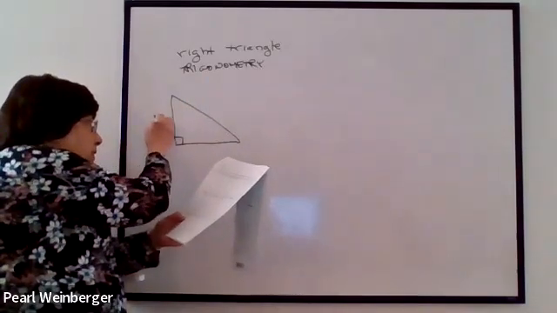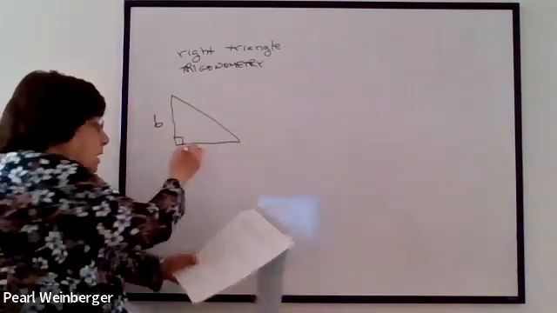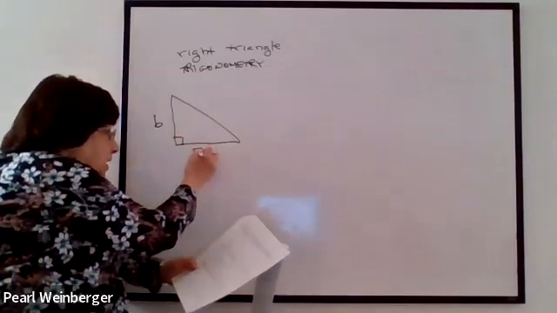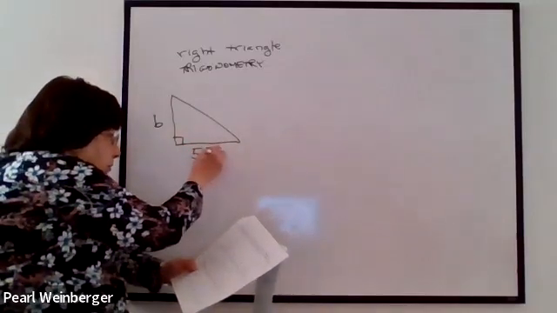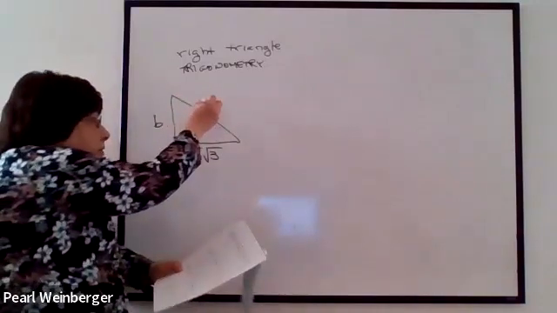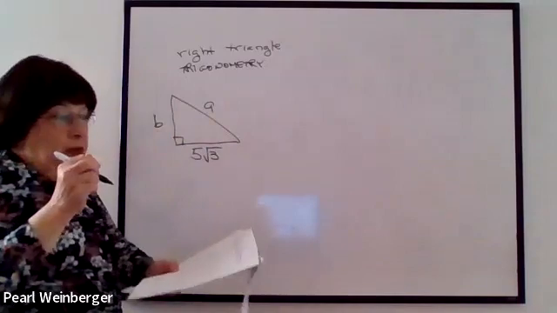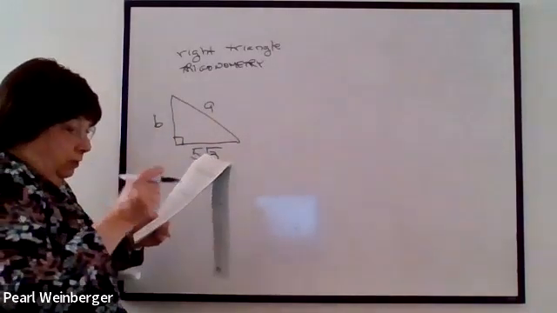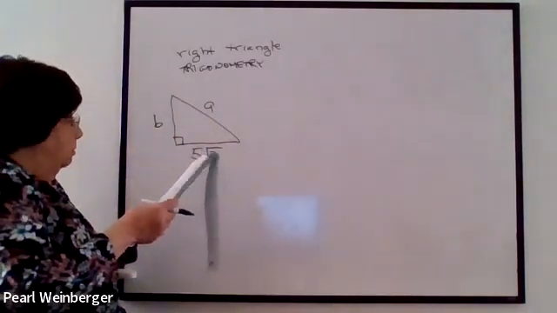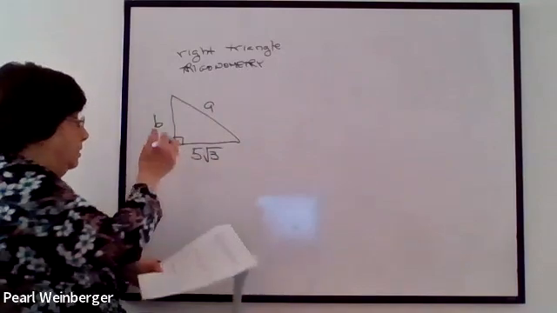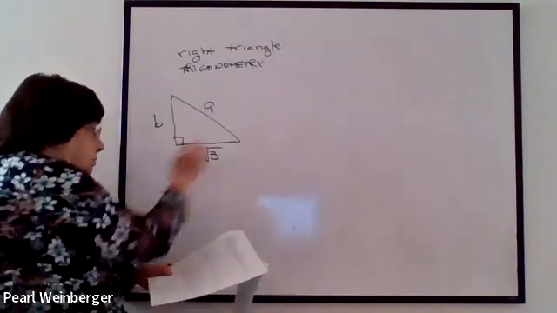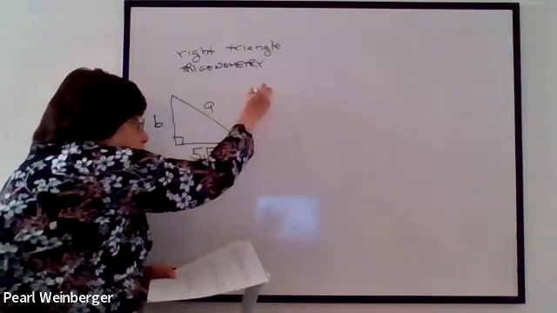They're calling this side B. They're saying this side is 5 times radical 3. And this side is 9. And they want us to find what side B is equal to. And here are the choices they're giving us.